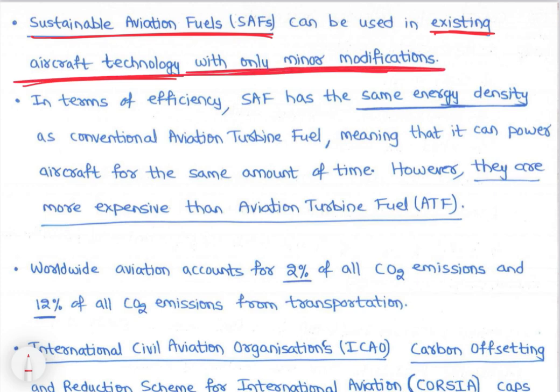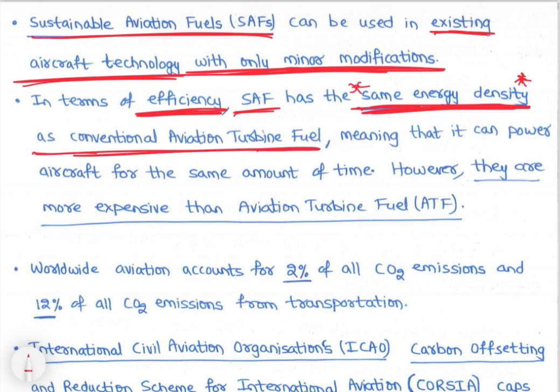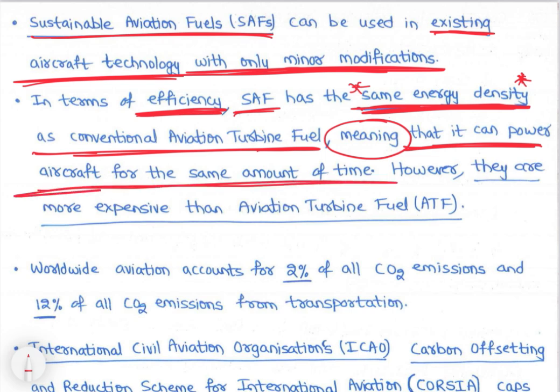So that means it is very promising, right? It will also reduce carbon dioxide emissions. In terms of efficiency, sustainable aviation fuel has the same energy density as conventional aviation turbine fuel, meaning that it can power aircraft for the same amount of time.